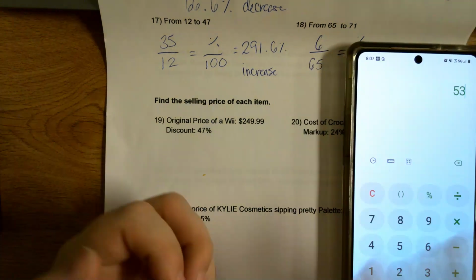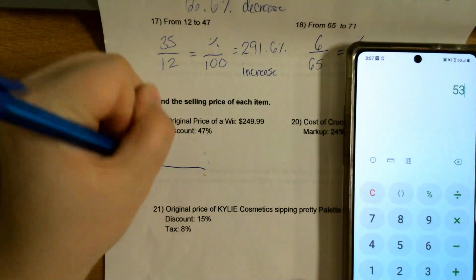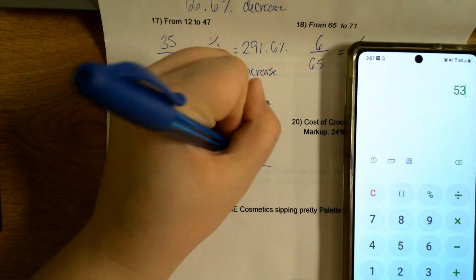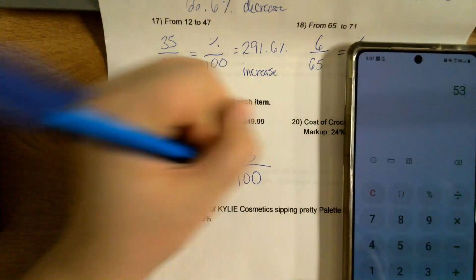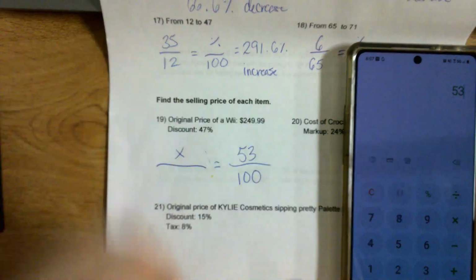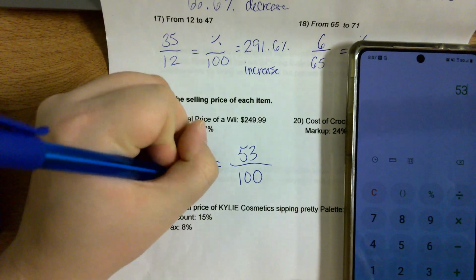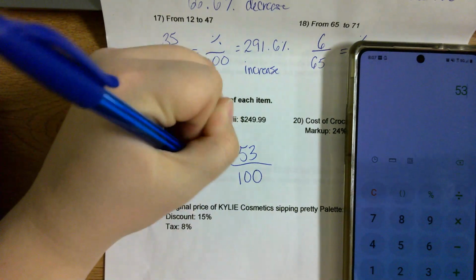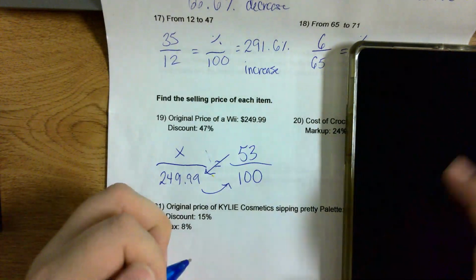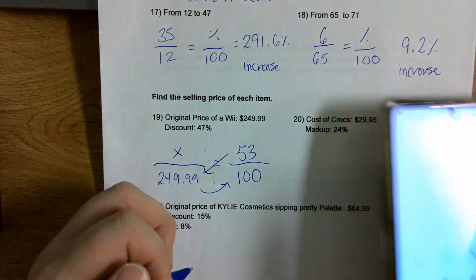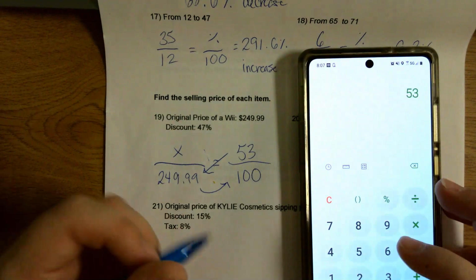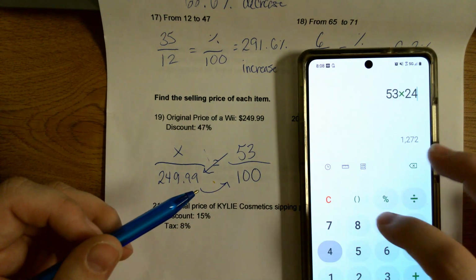We've got 53 percent over 100. We're trying to find the part we pay out of the old total. So I'm going to cross multiply and divide. So we've got 53 times 249.99.